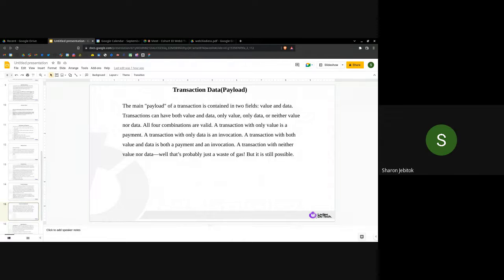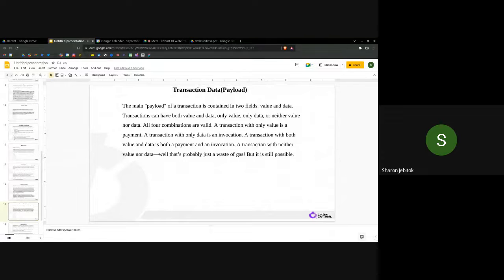Then a transaction with neither the value nor the data. For a transaction with neither of them, it's probably just a waste of gas, but still possible. So here they're just trying to explain the possibilities of the transaction data.